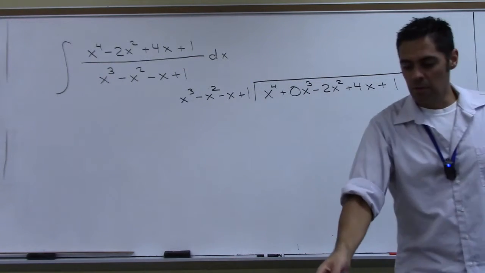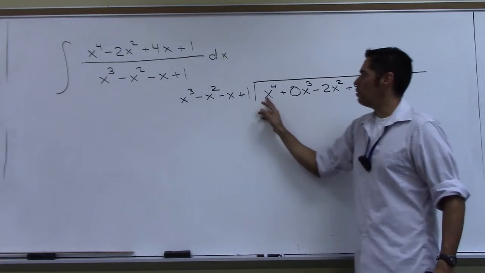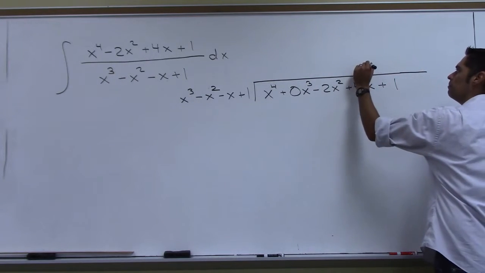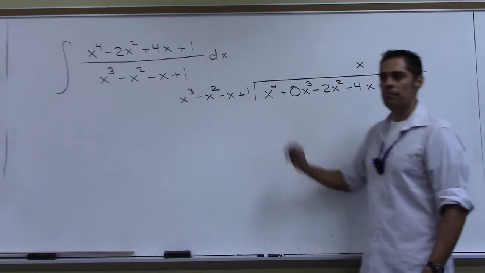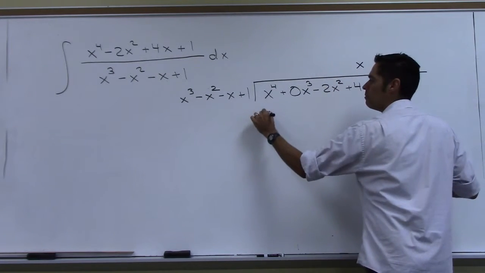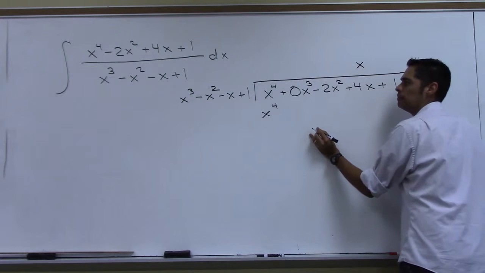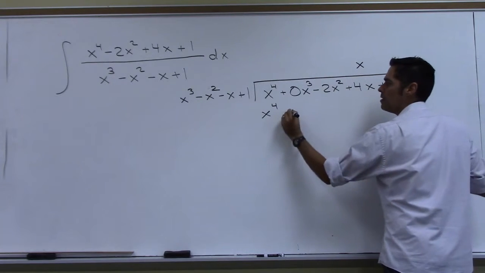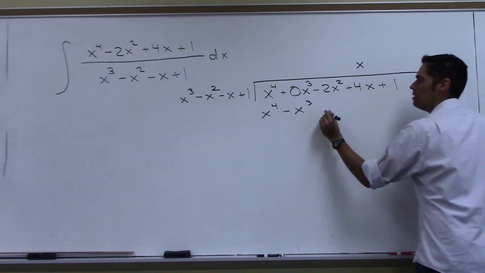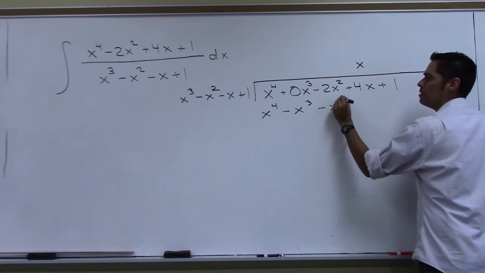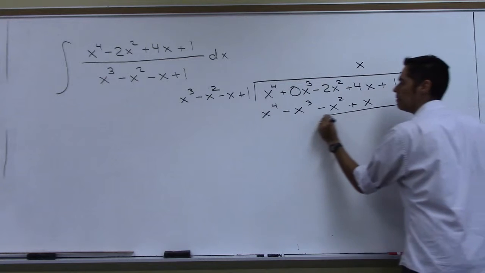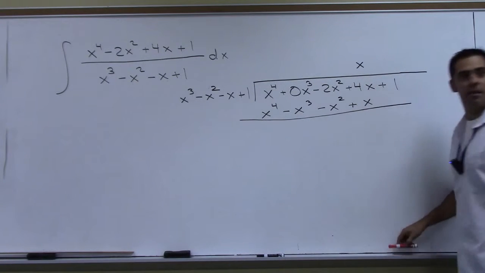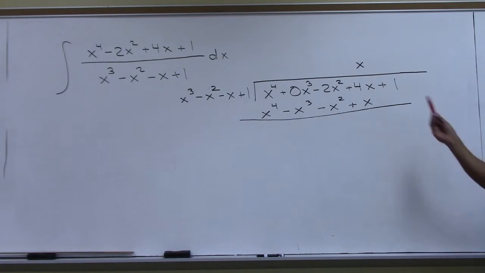Well, what do you multiply x cubed by to get x to the fourth? Just x. And then you multiply x times all these. So x to the fourth, minus x cubed, then minus x squared, then plus x. Everyone's comfortable with what I just did?